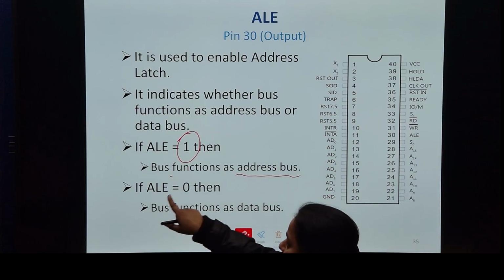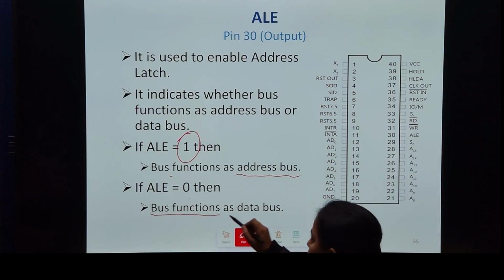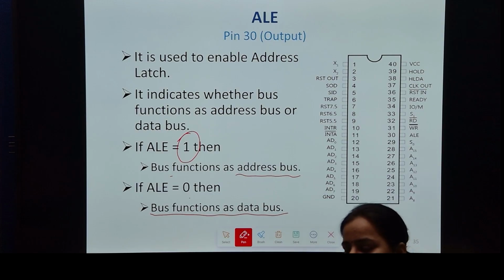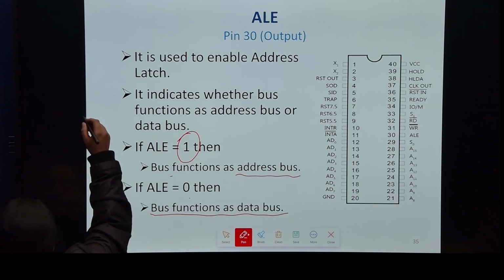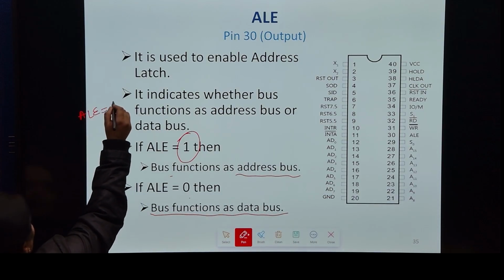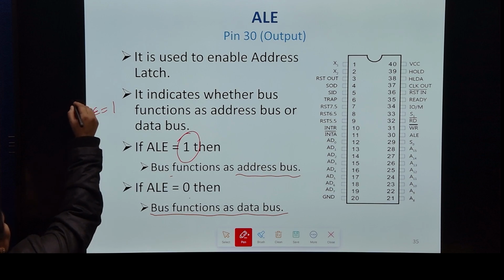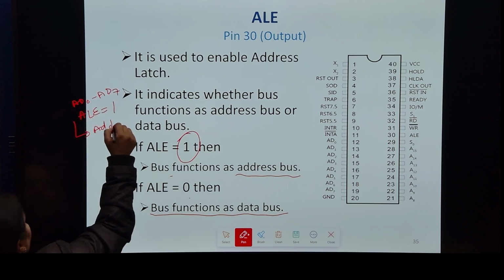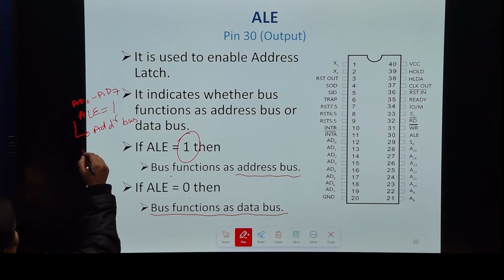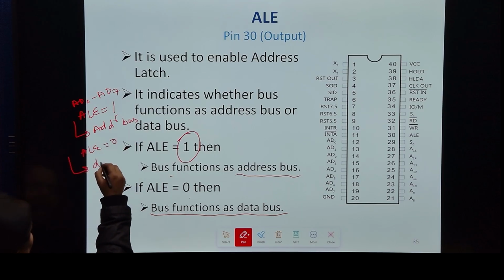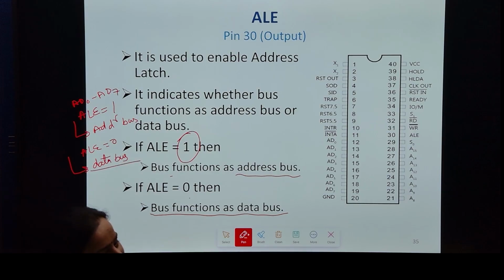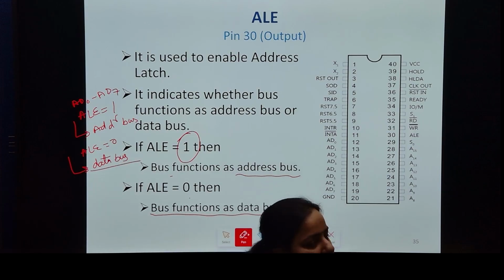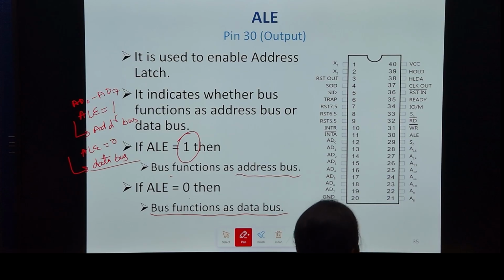And if ALE equals 0, what does it mean? The bus functions as data lines. So whenever ALE is 1, AD0 to AD7 behave as address lines, and if ALE is 0, the bus behaves as data bus. So a dual purpose is performed by the microprocessor as we multiplex address lines with data lines.